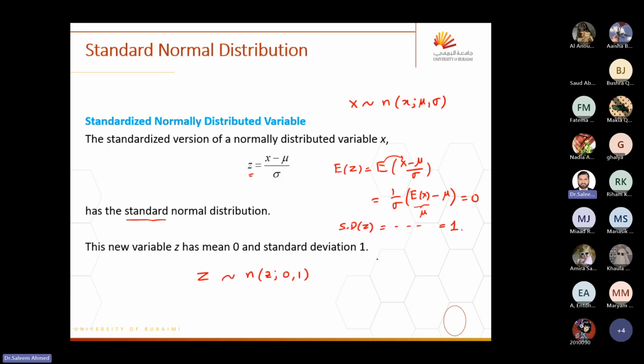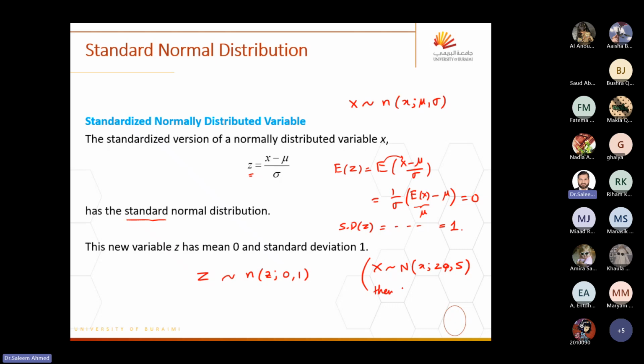So for example, if your x is normally distributed with mean 20 and standard deviation 5, right?